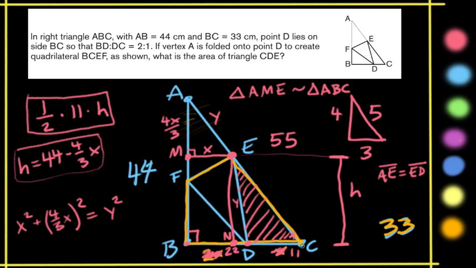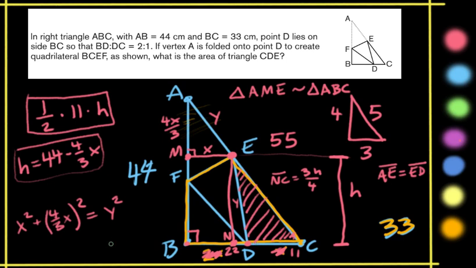So NC distance is going to have to equal the height times 3/4, so it'll be 3h over 4. That's NC. And then ND will be that minus this DC of 11.